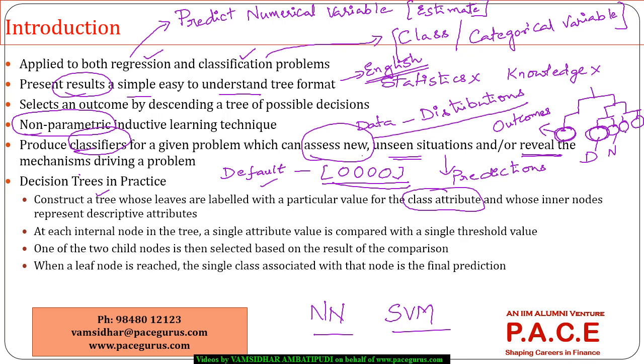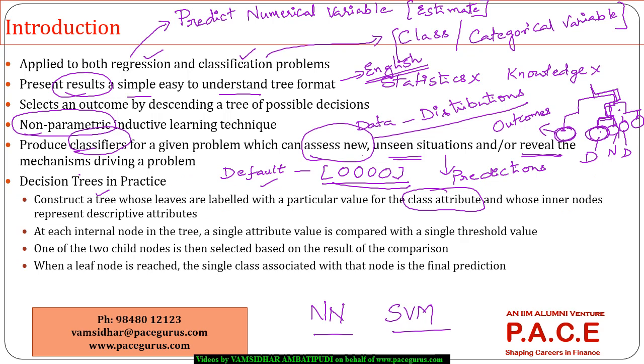This is no default. This is default, whereas the rules for this particular default are these different criteria. So if a person is falling into all these criteria, then we can say that he can default. Whereas if a person is falling into this criteria, then he may not default. So that's how the whole tree is getting built.